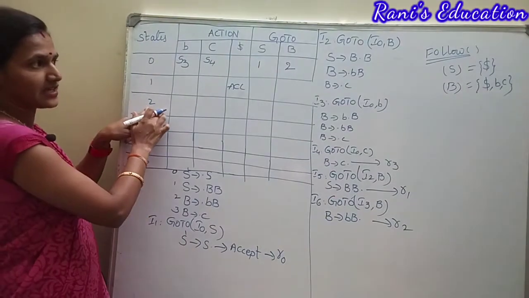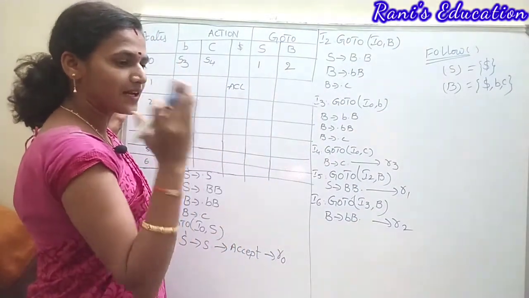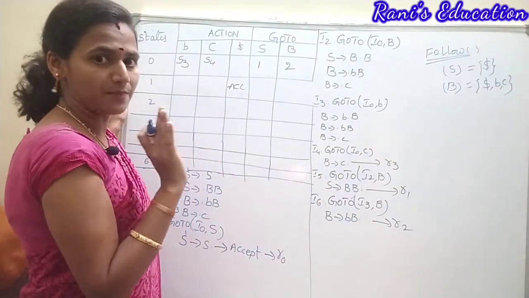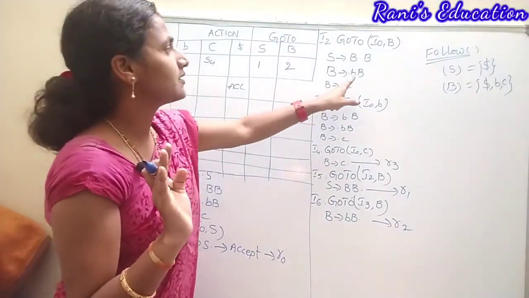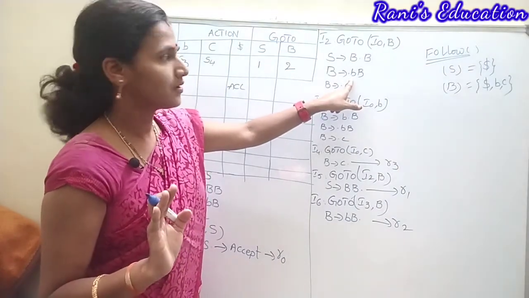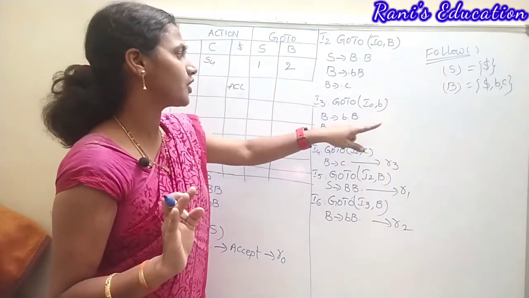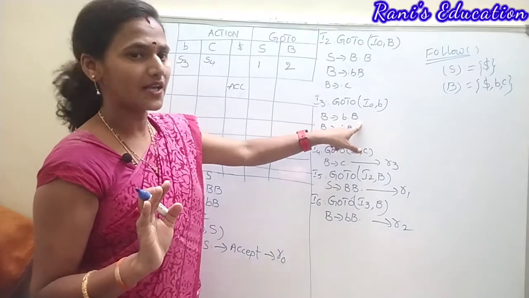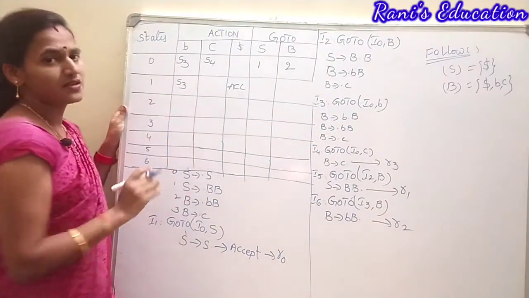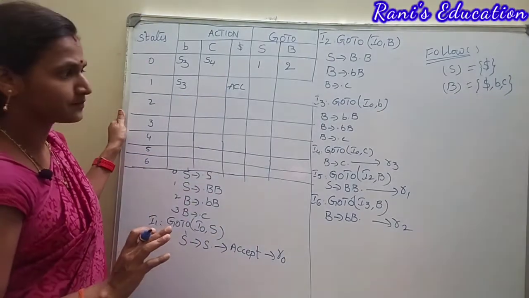Now move on to the second item. In each and every item, first we need to observe whether the RHS starts with a terminal or not. If we have such productions, then that terminal is shifted to terminal dot. Now you can see in I2, dot B is shifted to B dot in which item? The third item. So that is terminal B. Under terminal B you are going to write shift 3. S stands for shift, R stands for reduce.